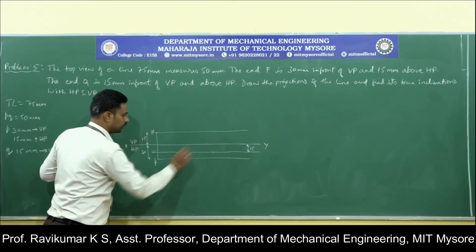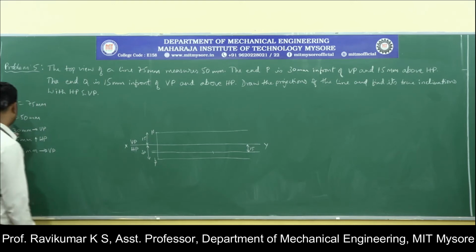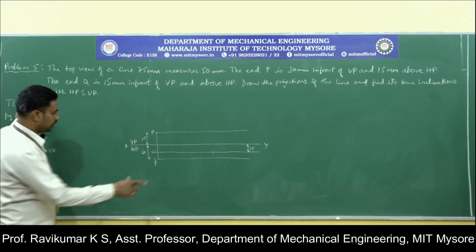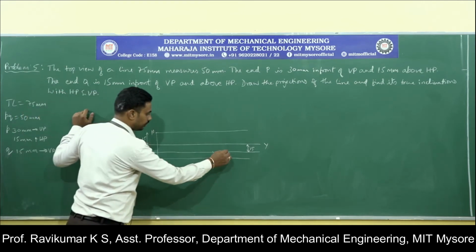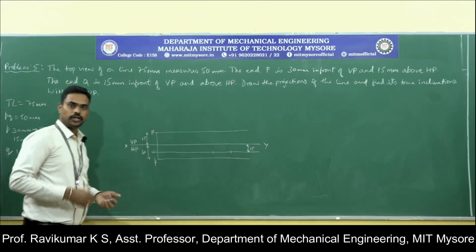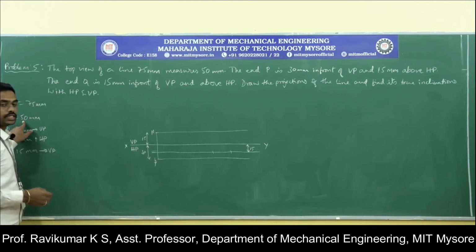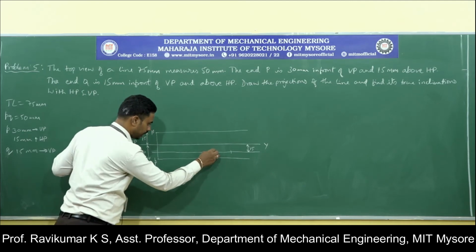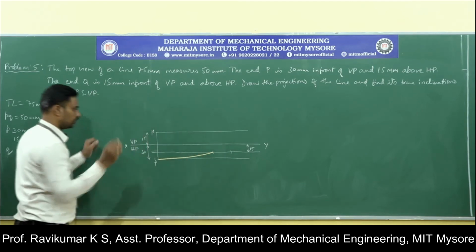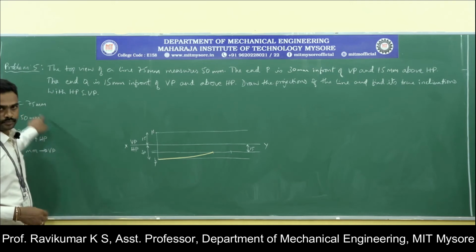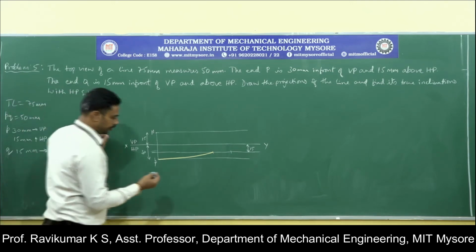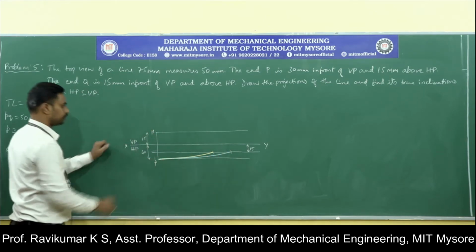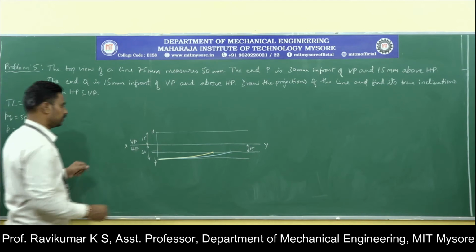Similarly, measure 75 mm in your compass, select P as center and cut 75 mm, then join those two. 50 mm is the apparent length, so it should be darker. The true length 75 mm should be medium thick.